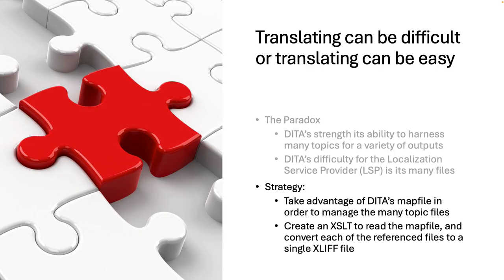We didn't go over XSLT in this class, but just know that it's part of one of the family of XML standards that does transformations. That's the ideal tool within the DITA Open Toolkit and the tool that I wrote, the DITA XLIF round trip tool, to take advantage or to leverage the map files in order to get a manageable XLIF file.